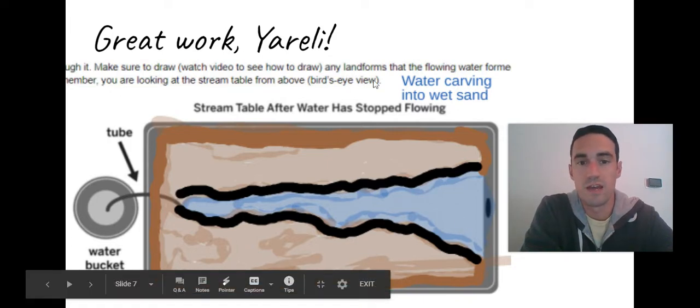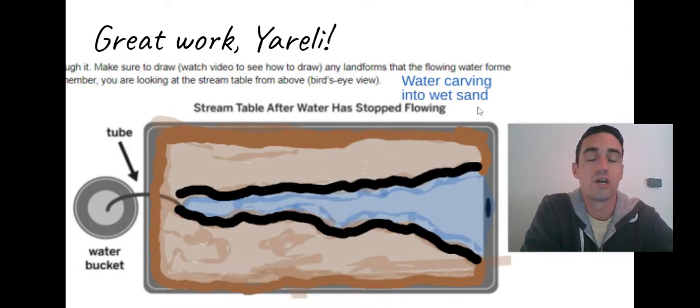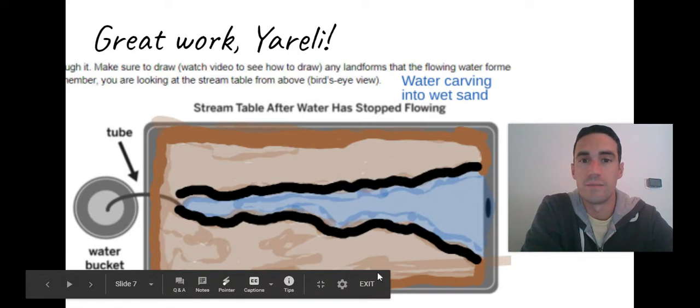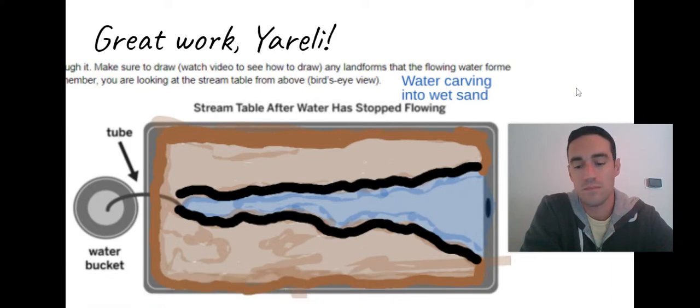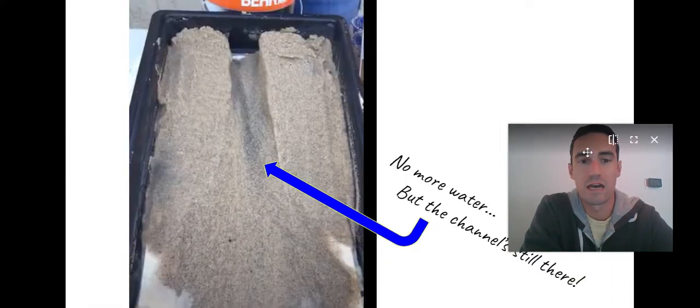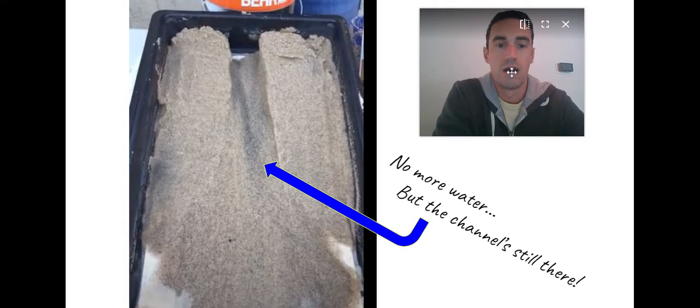She also put in that note as well, kind of like Charlene did, of what is happening. That water is actually carving into the wet sand. So she's showing me her observation in a picture, but also actually explaining what is happening in words too. So nice work, Urelli.